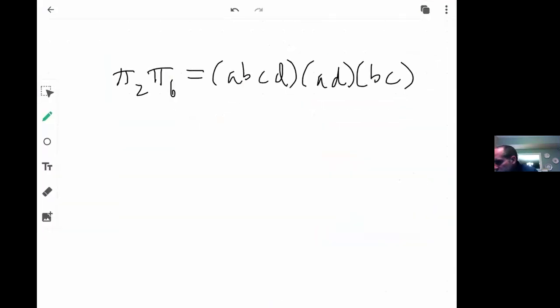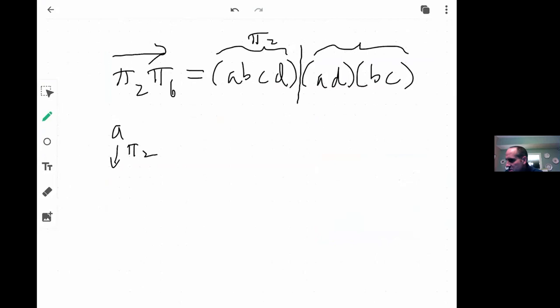Okay, so how do I figure out what permutation this is? Well, remember we applied this thing left to right. So where does A go? If I apply pi 2, where does A go? Pi 2 is right here, and this guy right here is pi 6.